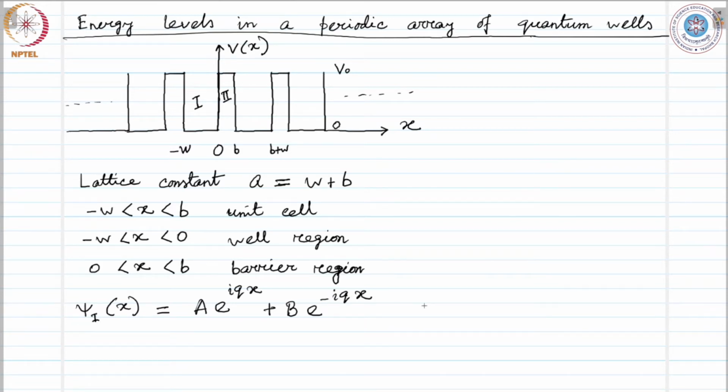This is for the region minus w less than x less than 0, and q, which is a function of the energy, is the square root of twice m e over h cross squared.